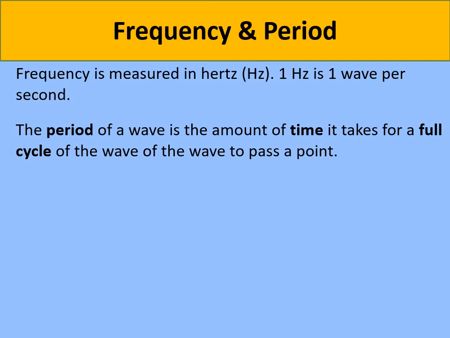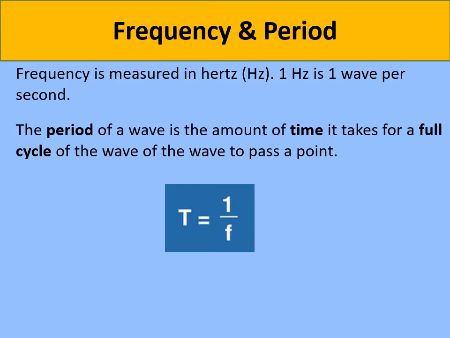You can find the period of a wave if you have the frequency using this equation where capital T is the period, time period, which is measured in seconds, and it's equal to 1 over the frequency, which is measured in hertz.